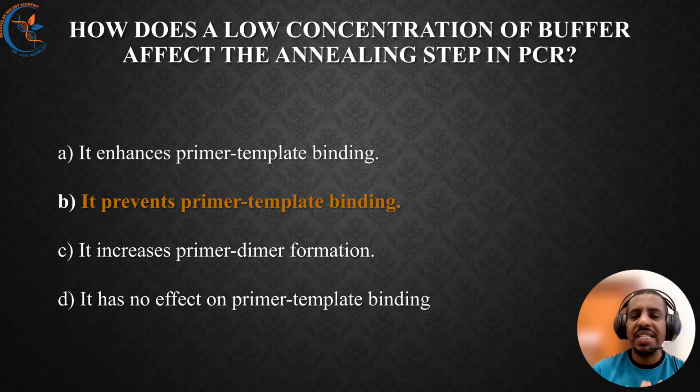Insufficient buffer concentration can lead to inadequate ionic conditions, preventing proper primer-template binding and reducing the efficiency of the annealing step. So the correct answer here is prevent primer-template binding. All right, let's move on.